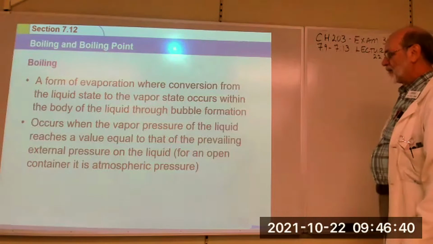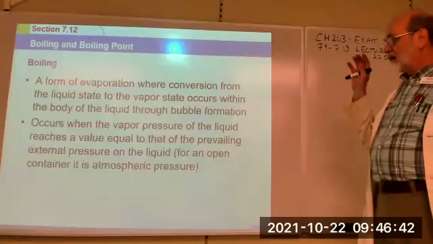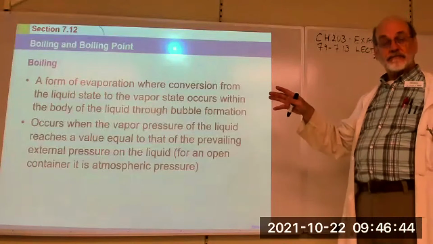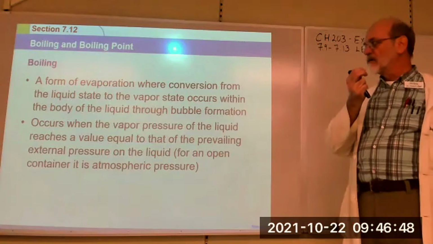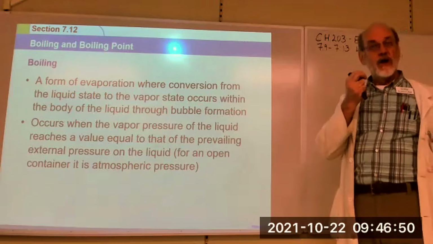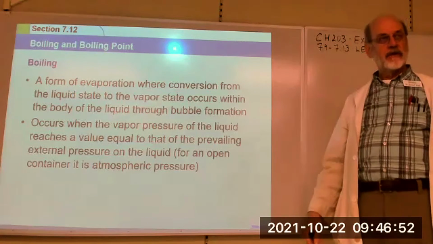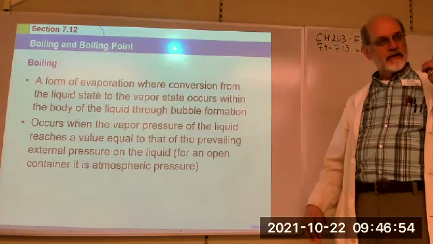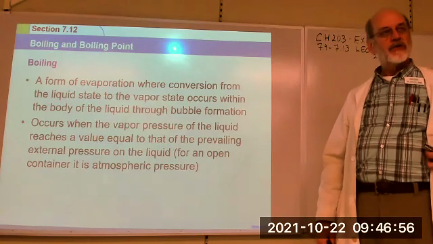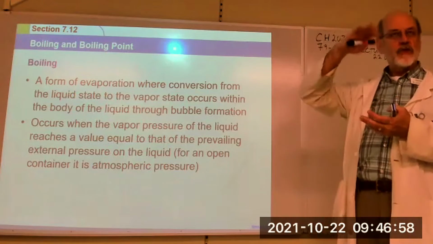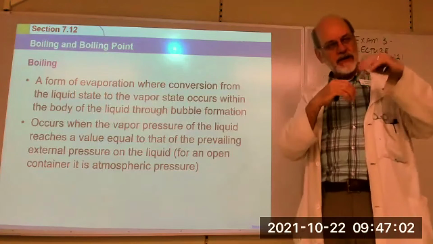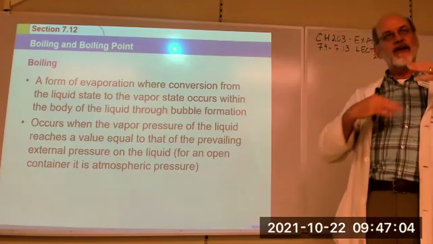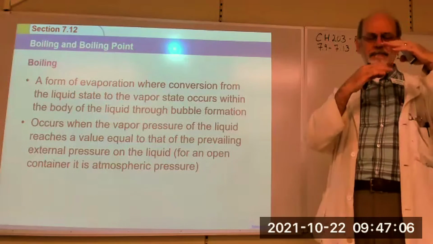Okay, so when boiling starts, the formation of the gas, the evaporation, occurs inside the liquid. Now you've got enough energy input to overcome the external pressure. Think of it as pressure bearing down on the surface of the liquid, keeping those molecules in the liquid phase, except for a few of them.